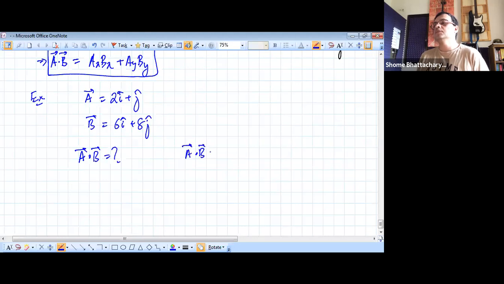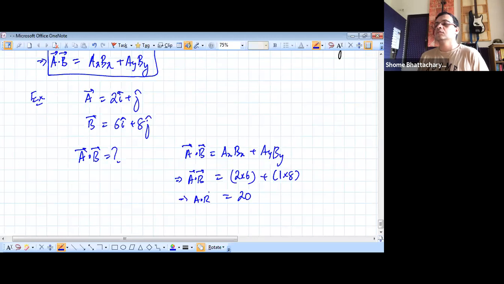A dot B is Ax into Bx plus Ay into By. So substitute these here. So 2 into 6 plus 1 into 8. So that's 12 plus 8. So that's 20. Okay, so A dot B will be 20 in this case.